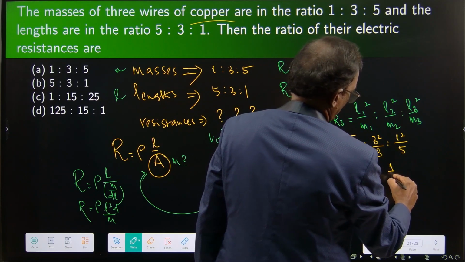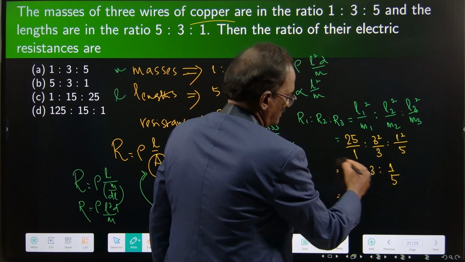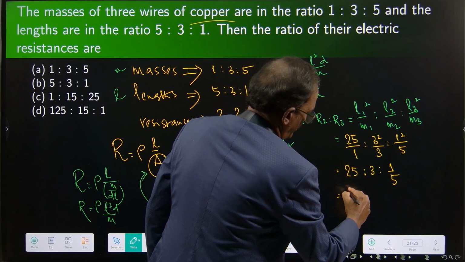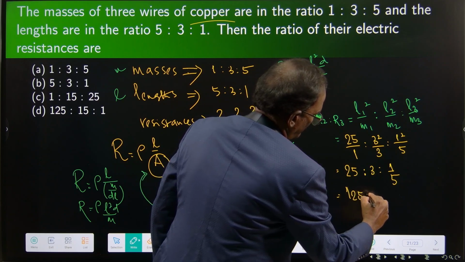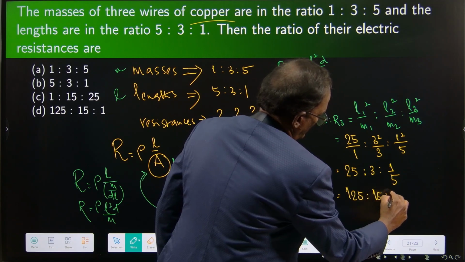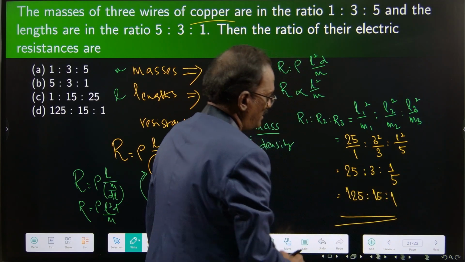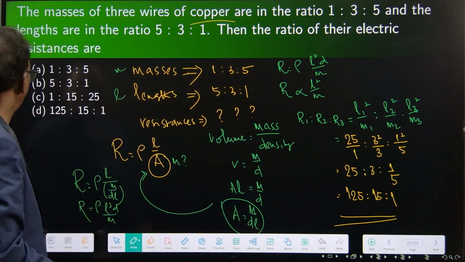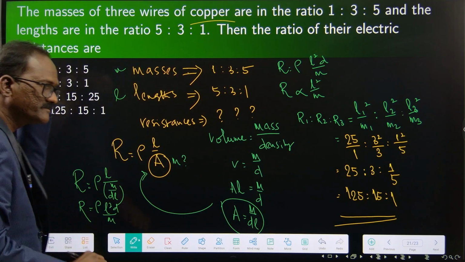So it is 5 only. So 5 into 25, 125, it is 15, then this is 1. This is the answer. Option D.